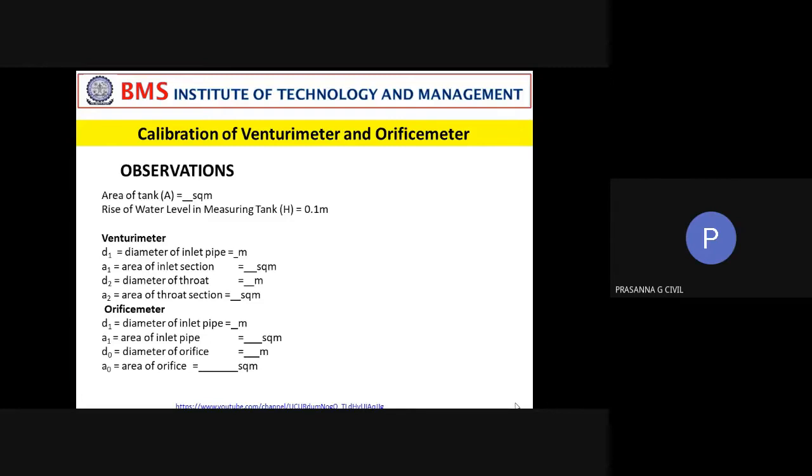You need to measure the inlet pipe diameter and the throat diameter for the venturi meter, and the areas of the inlet and throat need to be calculated. Whereas in the orifice meter also, you need to calculate the diameter of the inlet, diameter of the orifice, area of inlet and area of orifice.